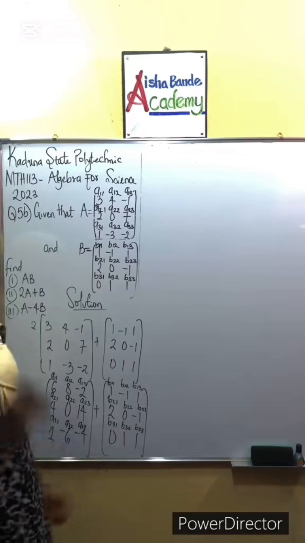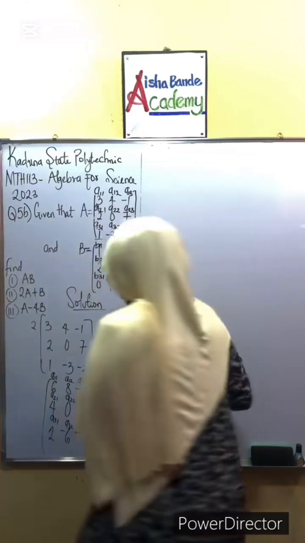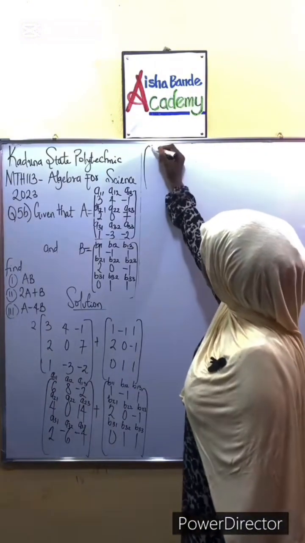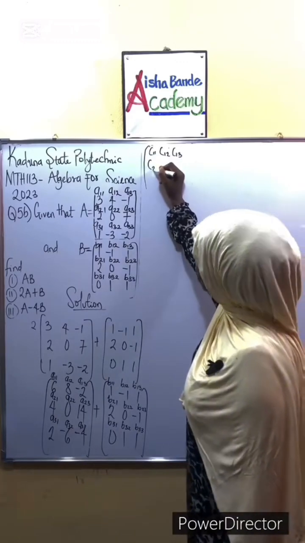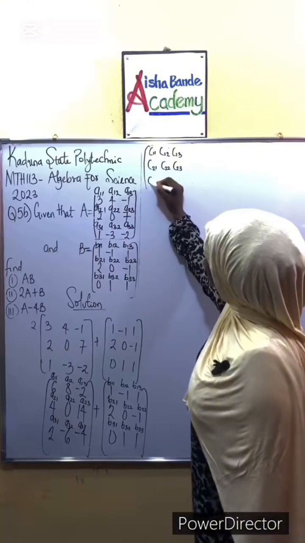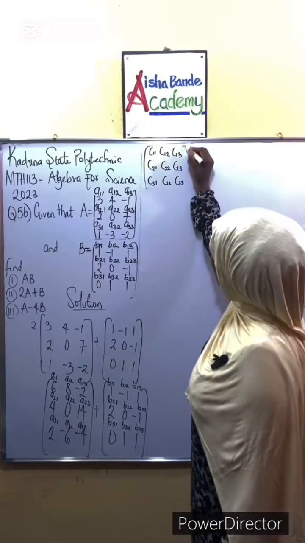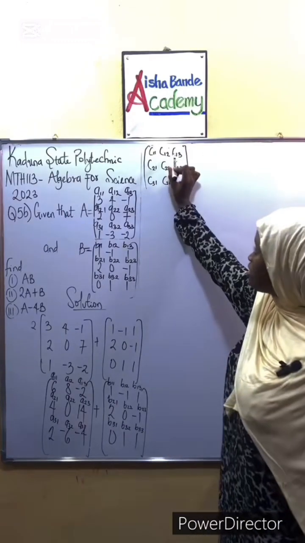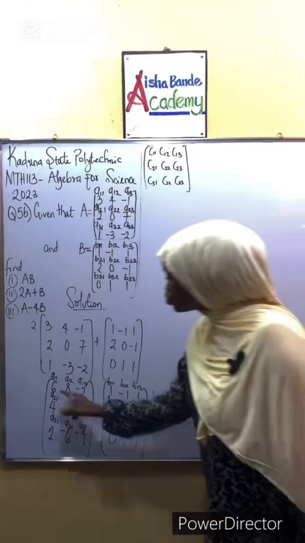When we add these two together, it's going to give us a third matrix, which is matrix C: C11, C12, C13, then C21, C22, C23, then C31, C32, C33. Basically, to get all the elements in matrix C, all we need to do is add up.